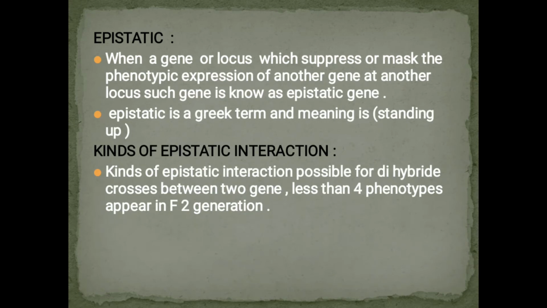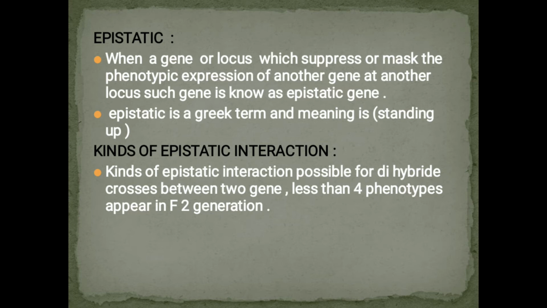Epistatic. When a gene or locus suppresses or masks the phenotypic expression of another gene at another locus, such a gene is known as an epistatic gene. Epistatic is a Greek term meaning standing upon.